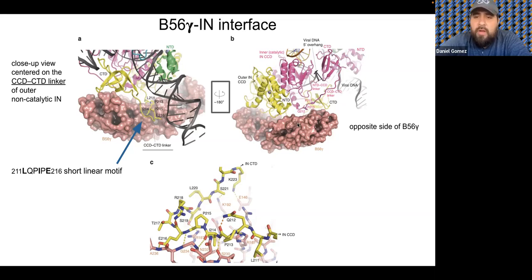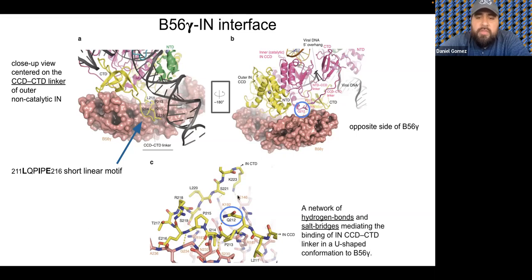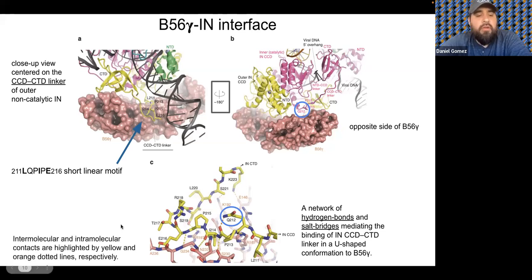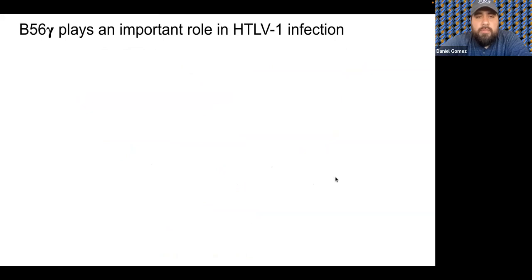We'll follow this trajectory from Q212 to Q212 over here in figure C. Here you can see a network of hydrogen bonds and salt bridges that mediate the binding of the IN CCD-CTD linker in a U-shaped conformation. These are the intermolecular and intramolecular contacts: the intramolecular contacts are in orange, and the intermolecular contacts are in yellow.